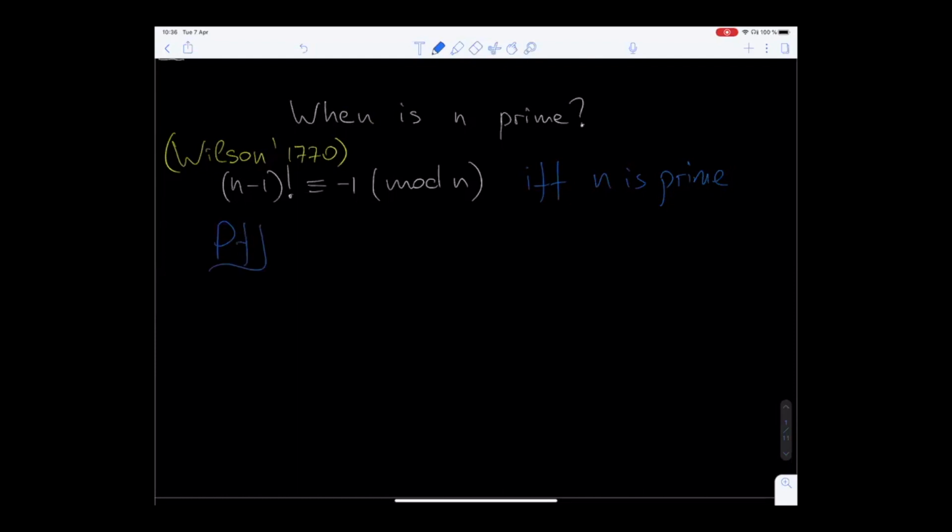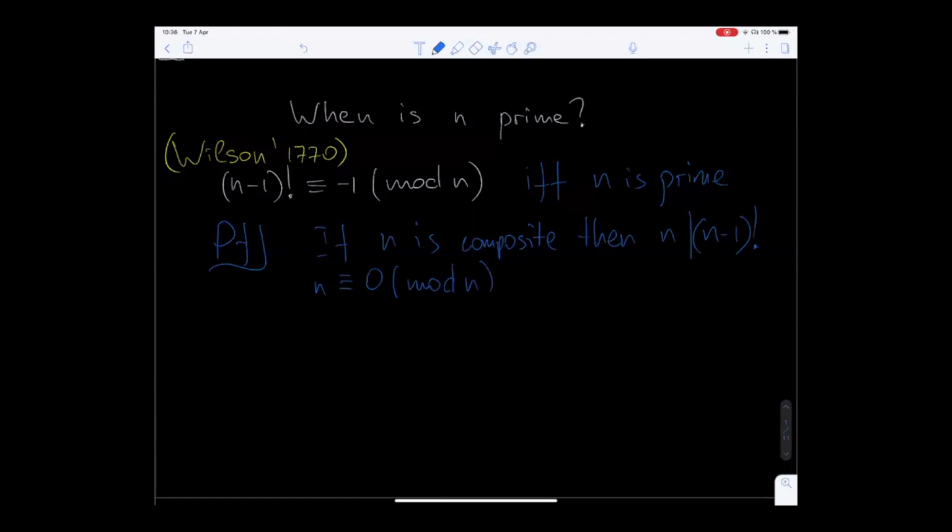The proof is very easy. Of course, if n is composite, then n divides (n-1) factorial, so (n-1) factorial is congruent to 0 mod n.